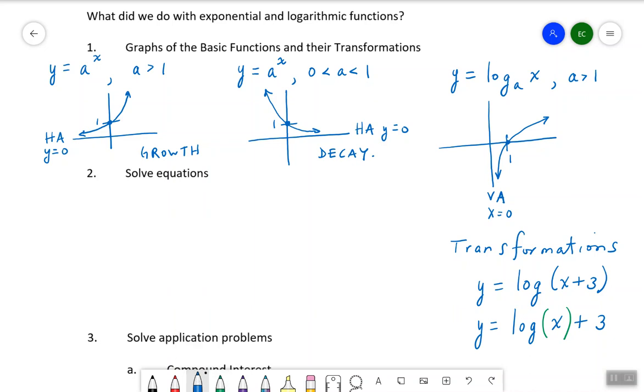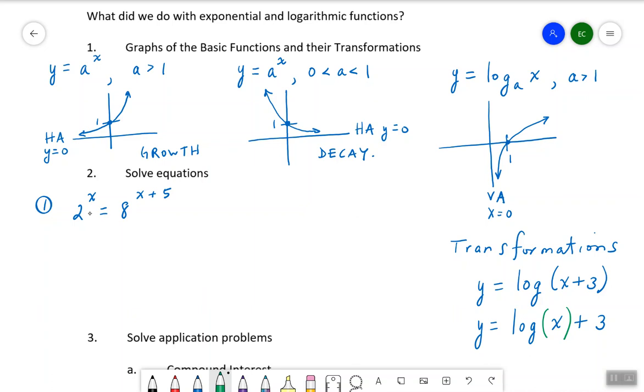The next thing we want to talk about is solving equations. And so let's just write out a couple examples here. First of all, we have 2 to the x equals 8 to the x plus 5. And do you remember the first step for this problem?